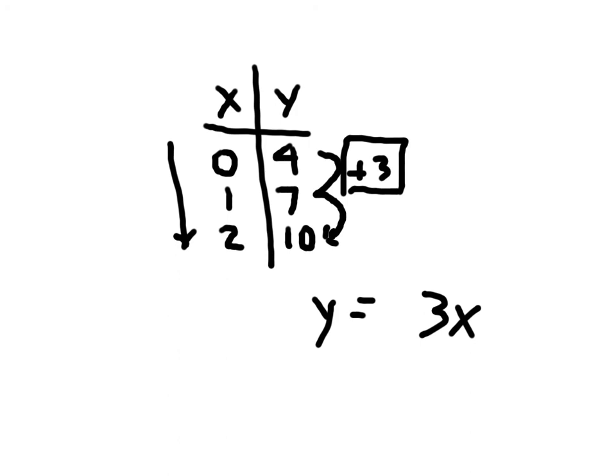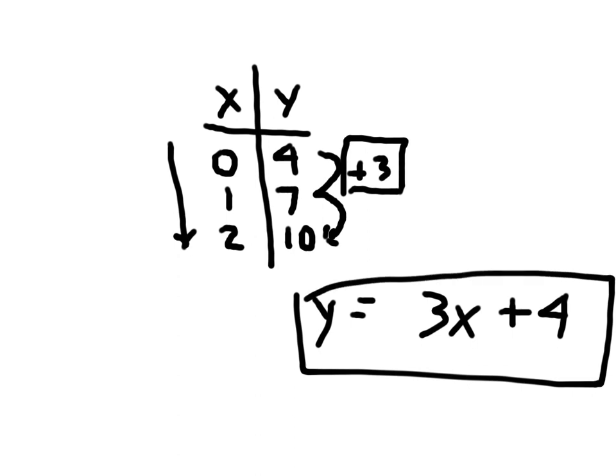If I plugged 0 in for x, I'd get y equals 0. But I know that y has to equal 4. So I can do one more thing here. I can write a plus 4 in there. 1 times 3 is 3, plus 4 does give me 7. 3 times 2 is 6, plus 4 does give me 10. So this is my equation for that line. That's the rule that has to hold true.